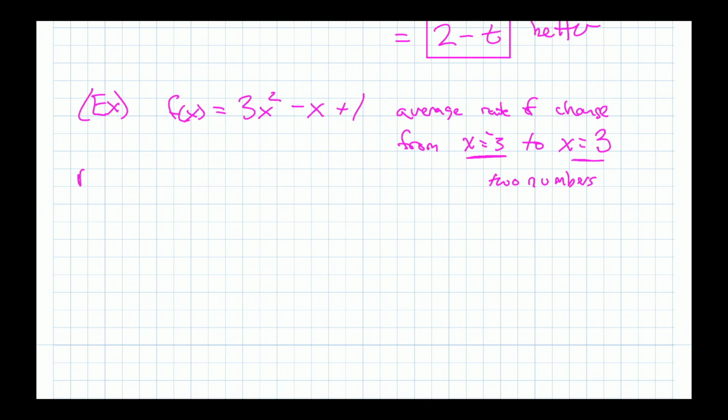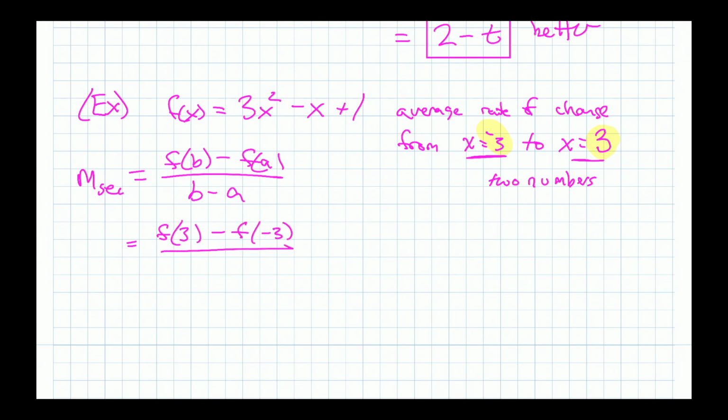So what you're going to do here is simply slope of the secant line, f of b minus f of a over b minus a, and for your a and your b, there's your a, there's your b, 3 and -3. So this is f of 3 minus f of -3 over 3 minus -3.